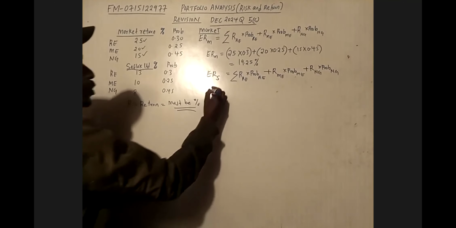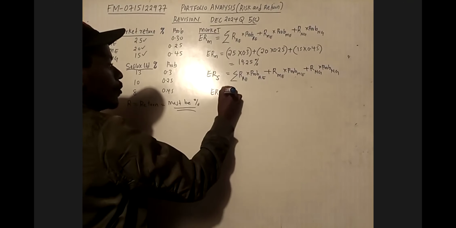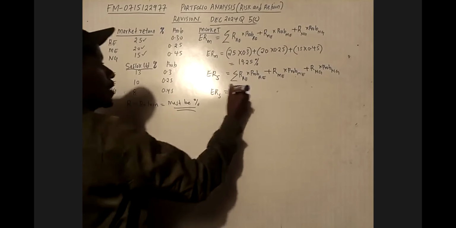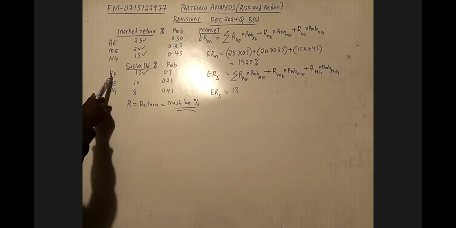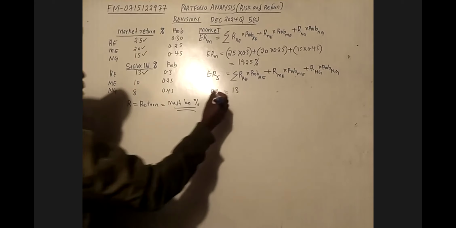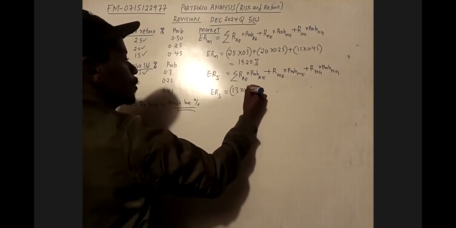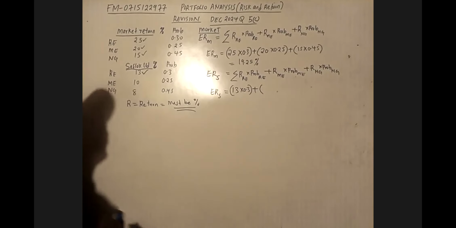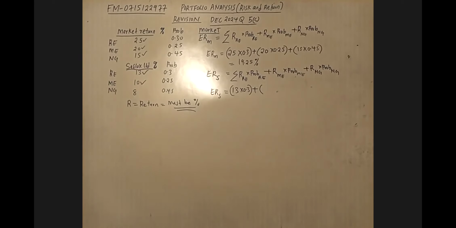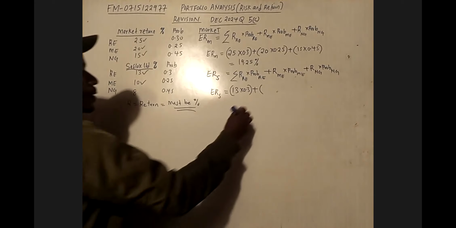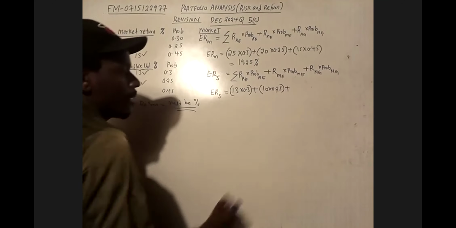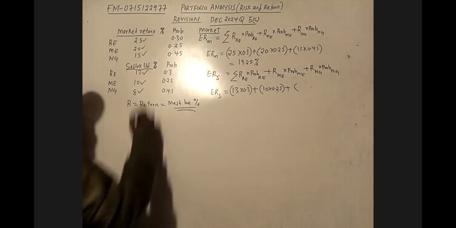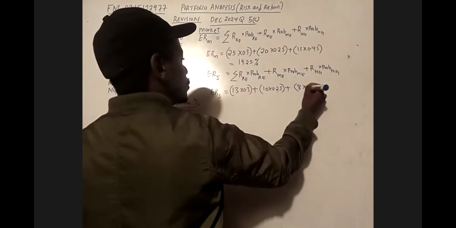So the expected return of the Suffolks: we start with the first one, the return of the market condition when it is rapid expansion, which is 13. You multiply with the probability, which is 0.3, plus when there is moderate expansion, it is 10 times 0.25, and when there is no growth, it is 8 times 0.45.